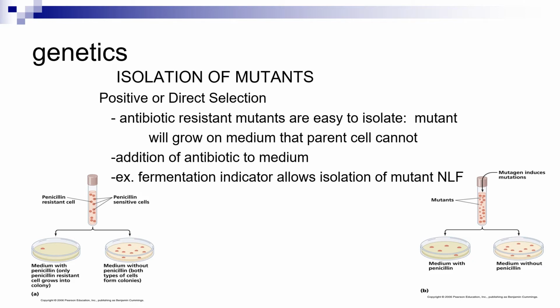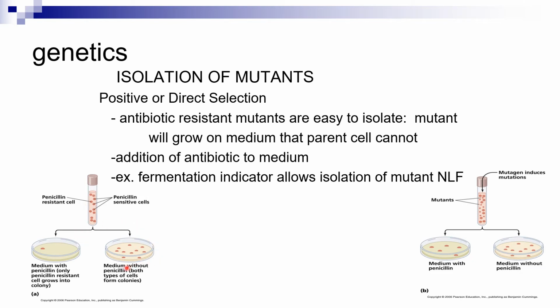So in this example, a medium that has penicillin, and what'll happen is, well, let's compare first. So we've got a combination now of both penicillin-resistant cells and penicillin-sensitive cells. Our resistant cells are going to be our mutant.